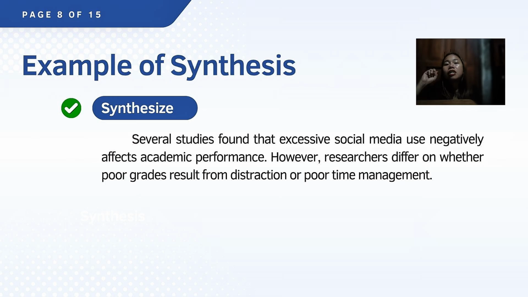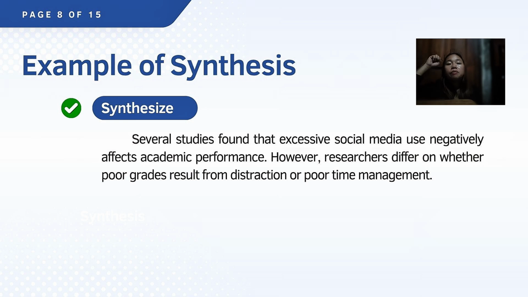Several studies found that excessive social media use negatively affects academic performance. However, researchers disagree on whether this is mainly caused by distraction or poor time management. Notice the difference, people.